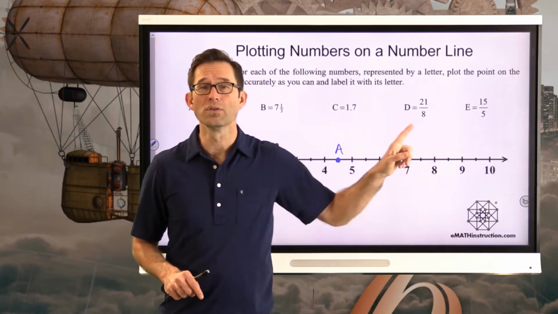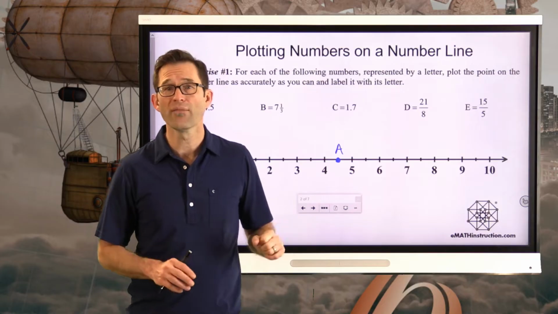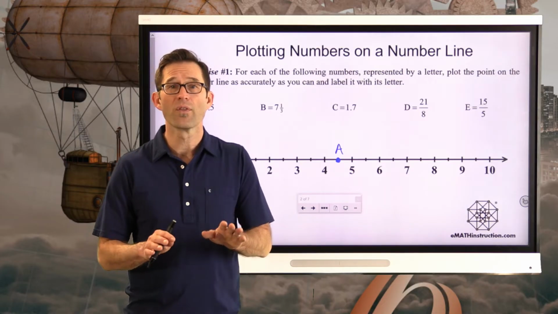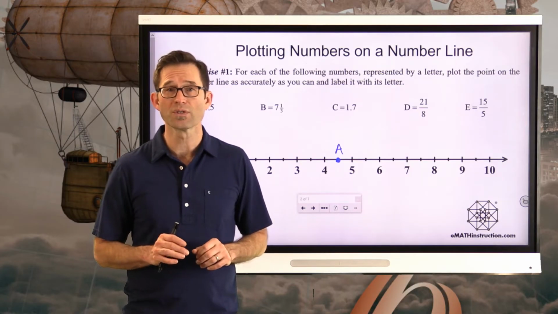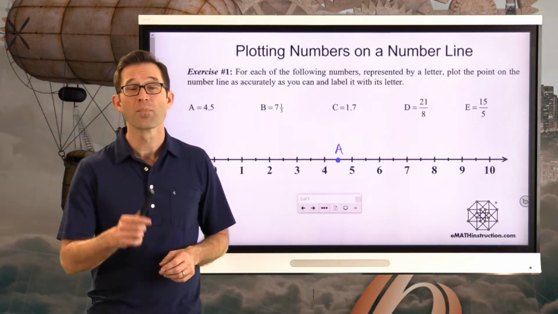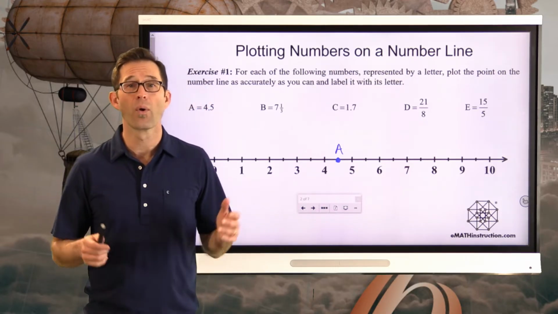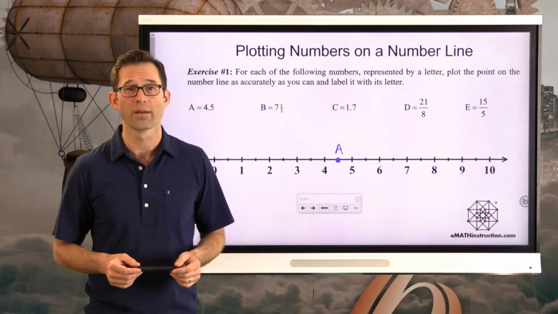These two might be a little bit challenging to think about, but if you have a problem thinking about them, maybe convert them into mixed numbers first, and then they should be easier to plot. Pause the video now and see if you can figure out where the remaining 4 numbers should be plotted.